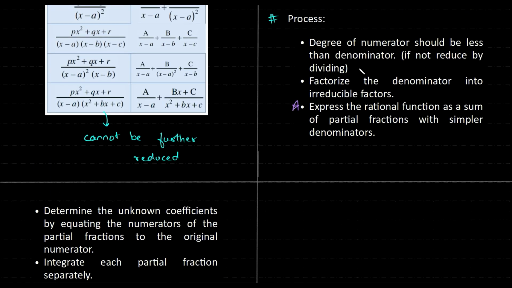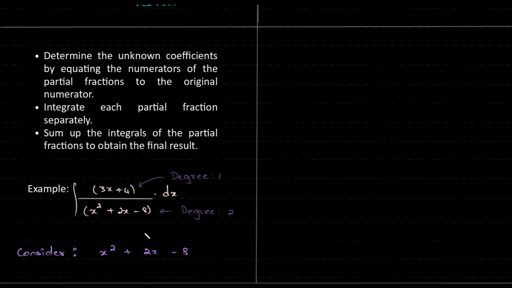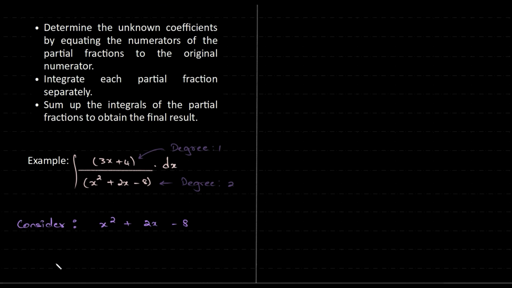So the degree of the numerator has to be lesser than the denominator, that we saw. The next step is factorize. So this is quite simple. We can use any method. I'll use splitting the middle term. And we have here x plus 4 into x minus 2.